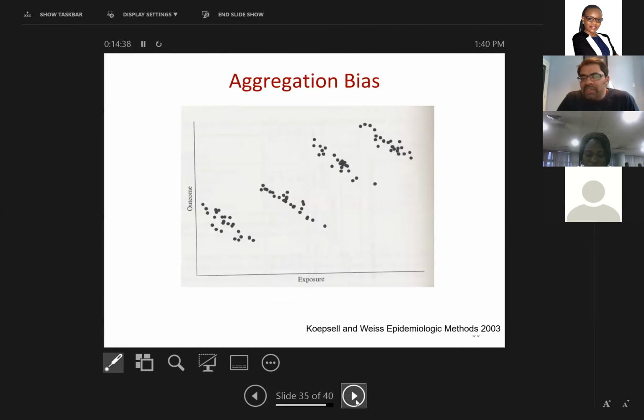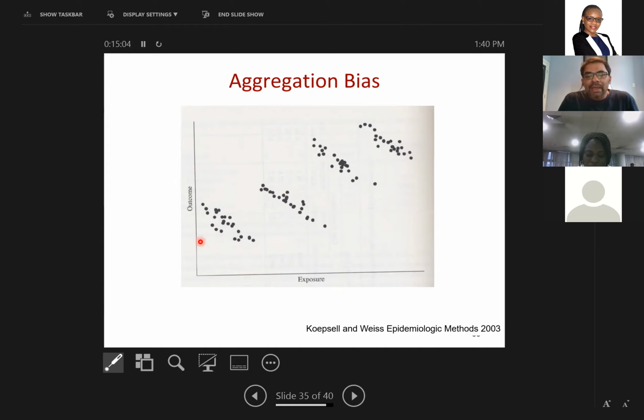So here is a beautiful illustration of what we call aggregation bias. Bias that suddenly appears in the data set because we are now lumping people in groups, okay, in aggregates. So here is an illustration. So here is an exposure, okay? Let's say this exposure is smoking, okay? And this is COVID, right?